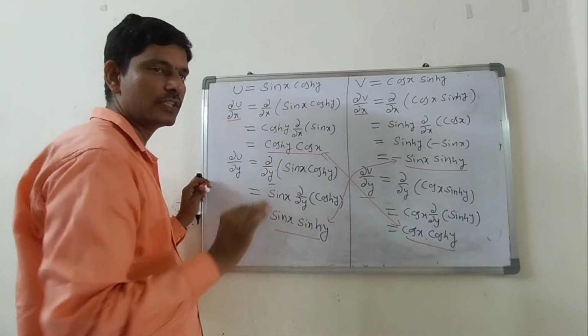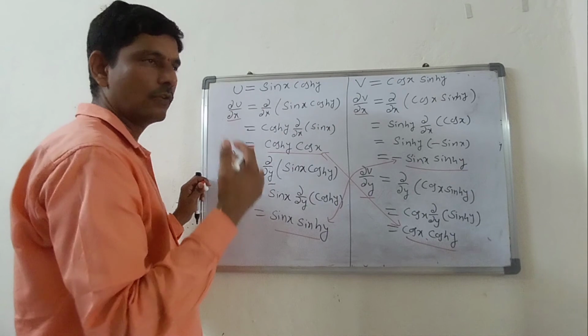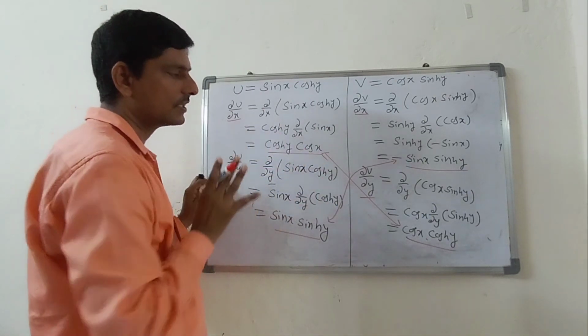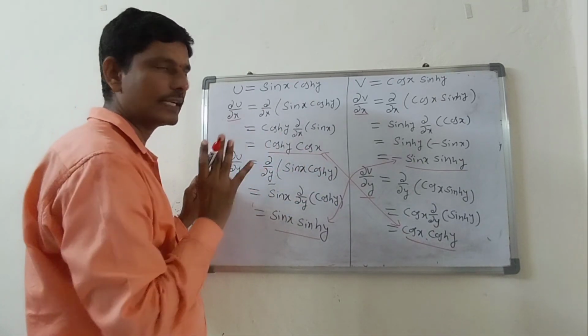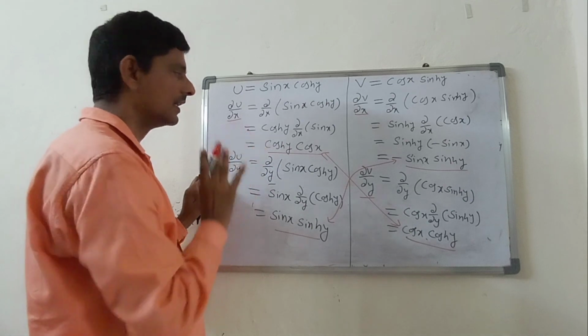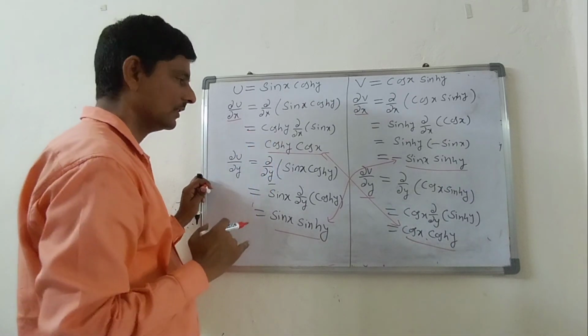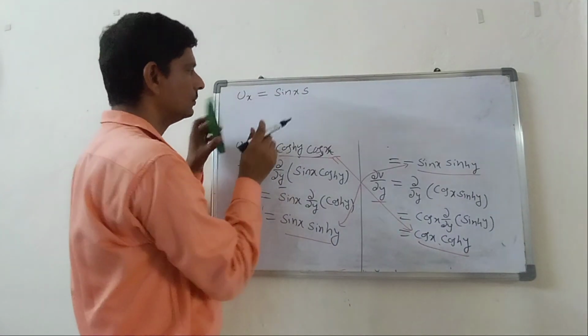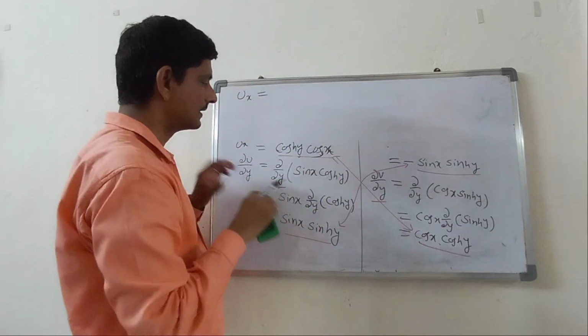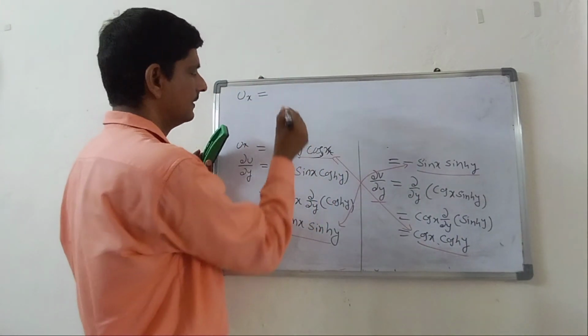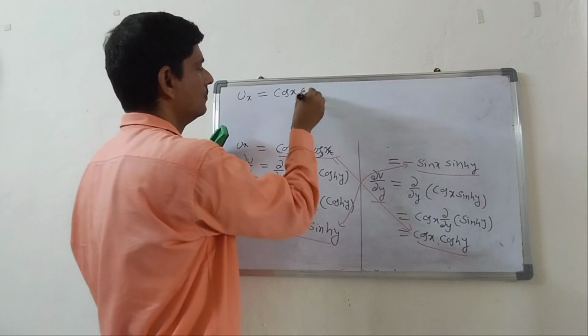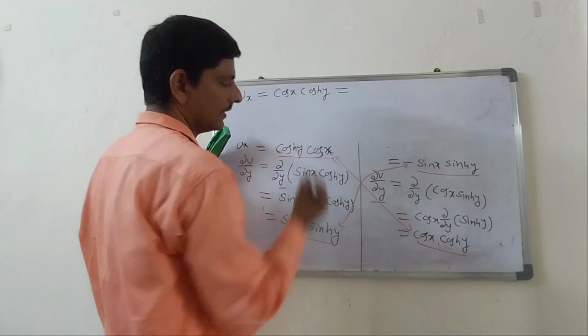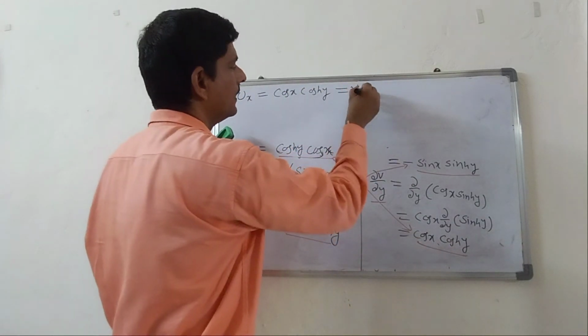So Cauchy-Riemann conditions are satisfied. By observing these four values, we clearly know that Cauchy-Riemann conditions are satisfied, but according to the procedure, you have to write it down in step number 3. So ux is equal to cos hy into cos x, that is nothing but cos x into cos hy. That is clearly equal to vy.